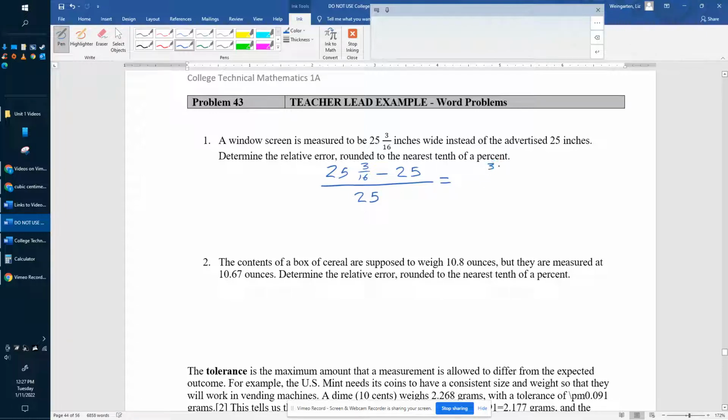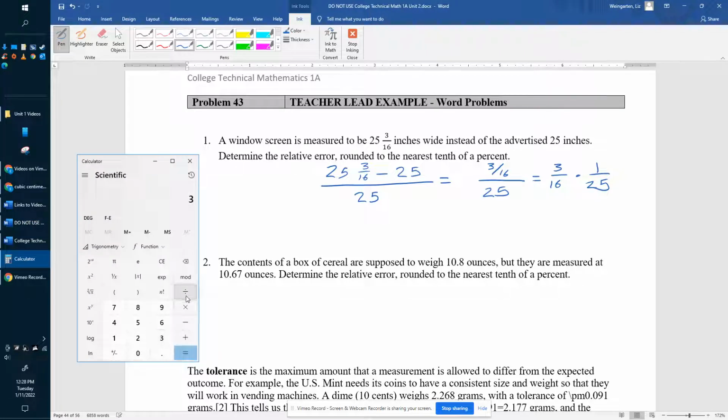So that'll give us 3/16 over 25, which is the same thing as 3 over 16 times 1 over 25. Let's put that in our calculator. 3 divided by, in parentheses, 16 times 25, end parentheses, equals, it's pretty small, but that's just the decimal. We have to multiply it by 100 to get the percent, and it is 0.75%.